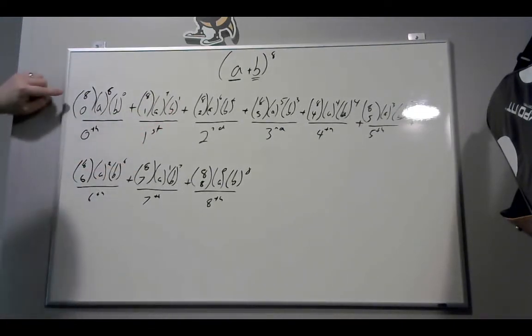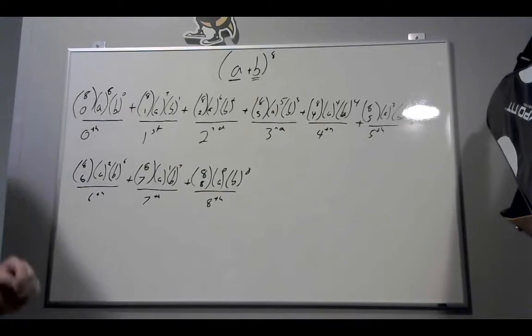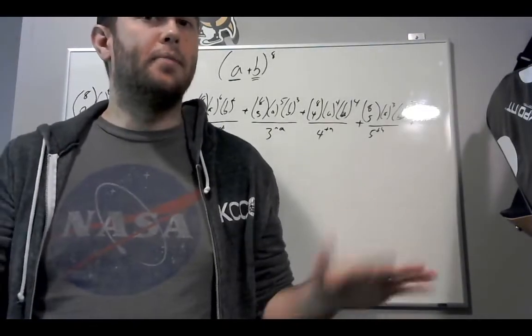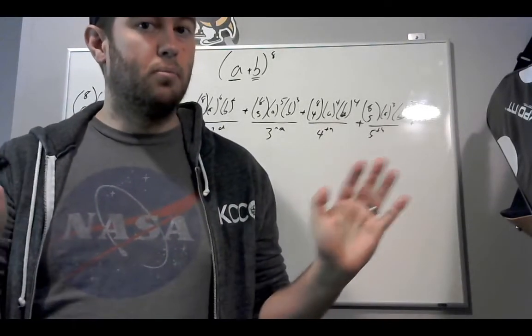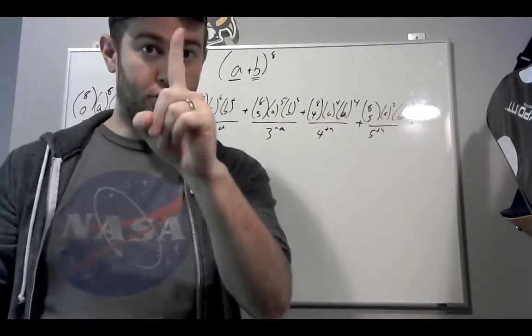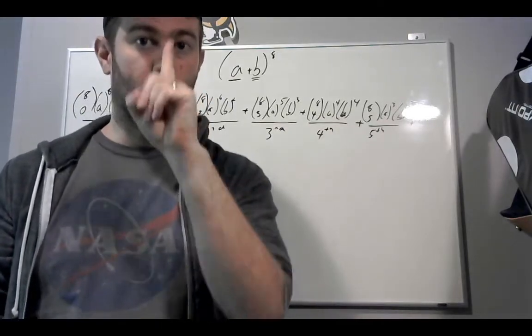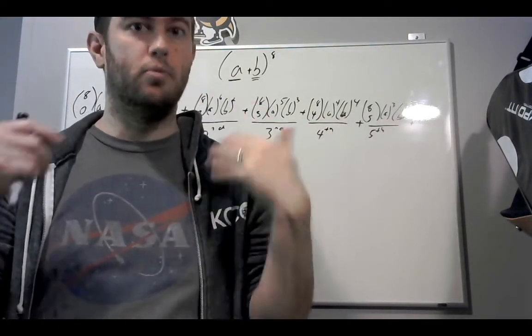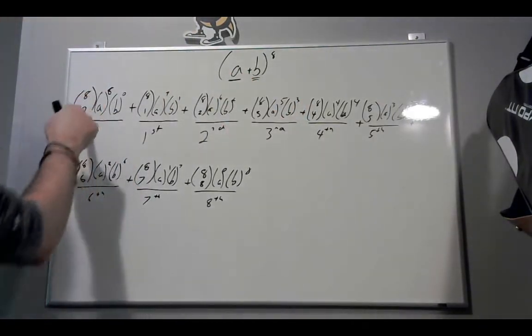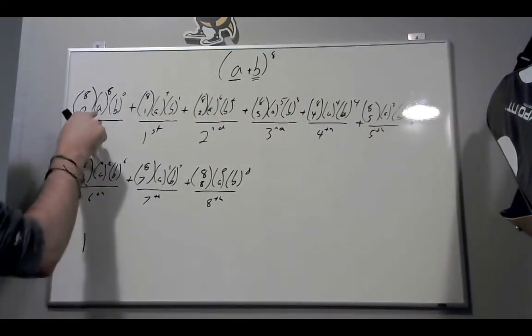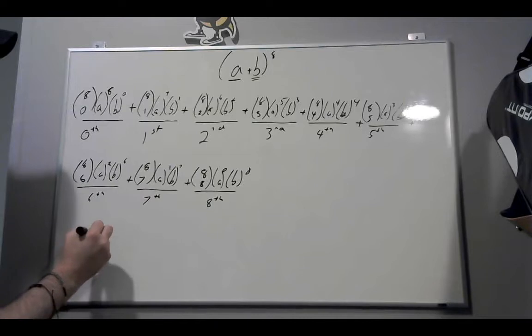So 8 choose 0. I'm saying, hey, I have 8 items, but I want to choose none of them. Remember, if you're choosing none of them, you should get out 1, because there's only one way to choose nothing, and that is to choose nothing. So 8 choose 0 is just going to be 1. A to the 8th is a to the 8th.